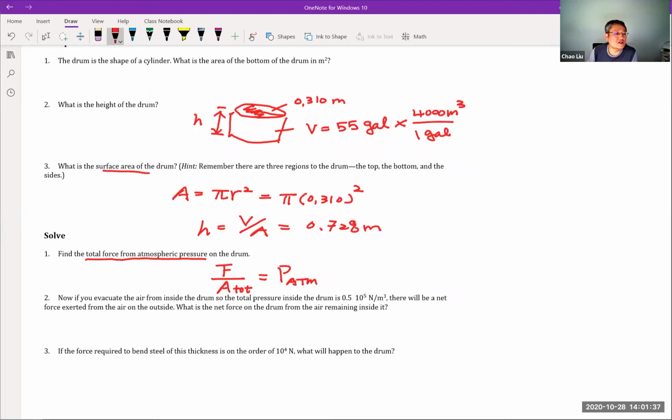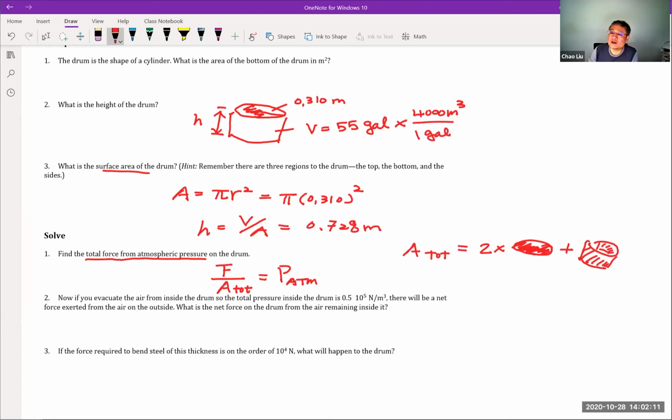So we need to find the total area. What is the total area? It's equal to 2 times the top and bottom circle area, plus the hoop area. What is the hoop area?